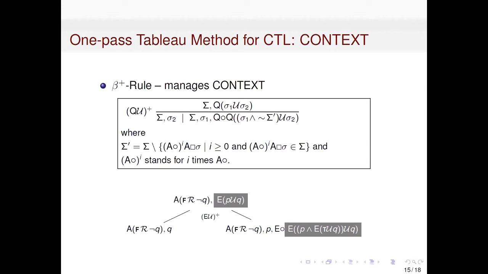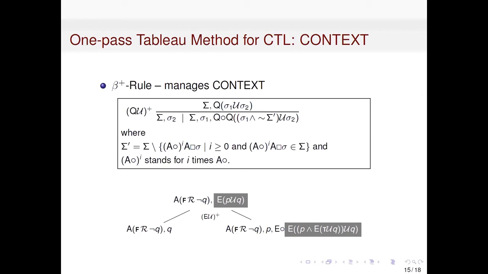We either satisfy the right-hand side argument of until, so sigma 2 is true with the maintenance of the context, or alternatively, you preserve the context, you satisfy the left-hand side argument of the until, and you generate the next time formula, squeezing the negation of the context with the conjunction of the right-hand side of sigma 1 as the formula part of the until. With some restrictions that make computation more efficient.